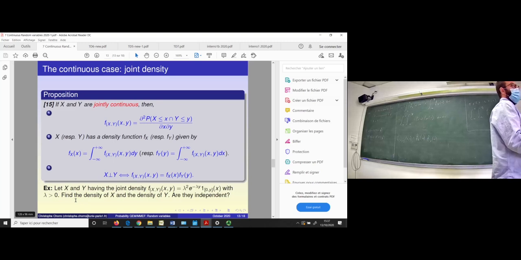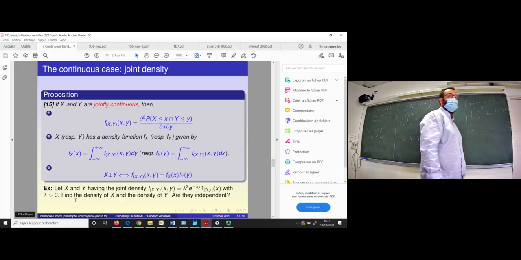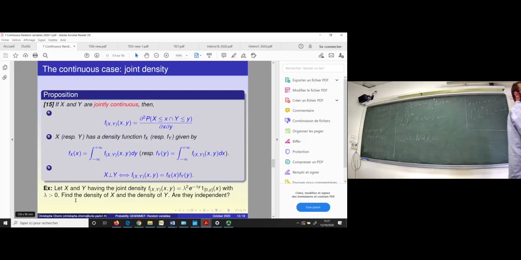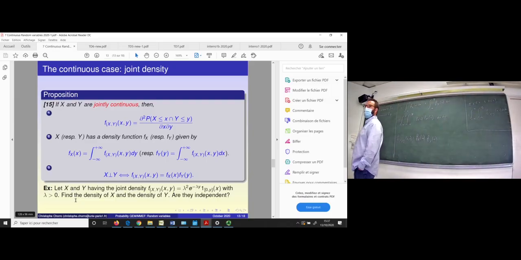But keep in mind that I can invert between these two. It means that computing the derivative with respect to x first or with respect to y first will give the same thing if you change the order of derivation. It's what you do in optimization, the Schwarz lemma: when a mapping is sufficiently regular, you can compute second partial derivatives in the order you want. That's exactly what I have.